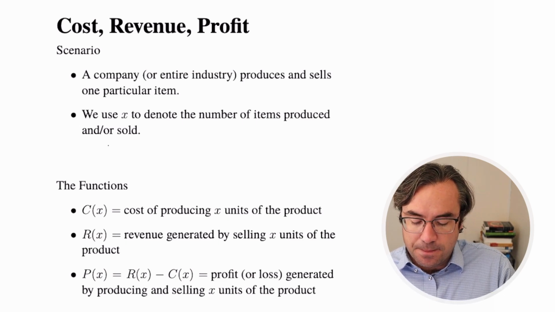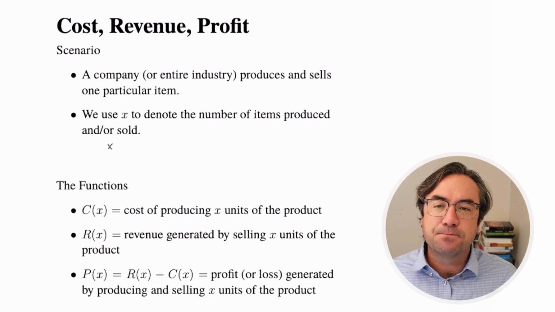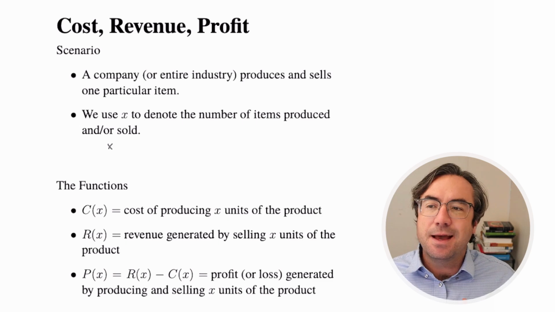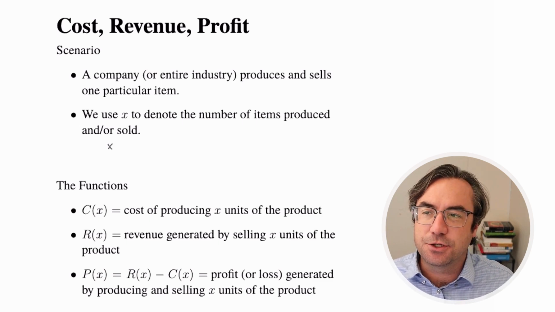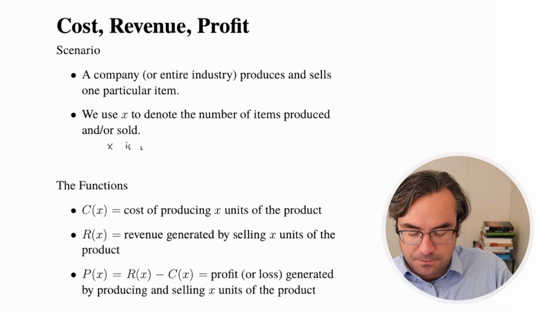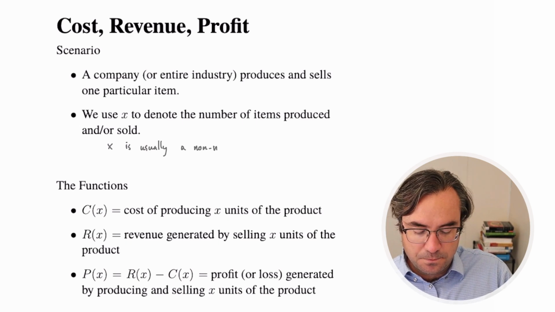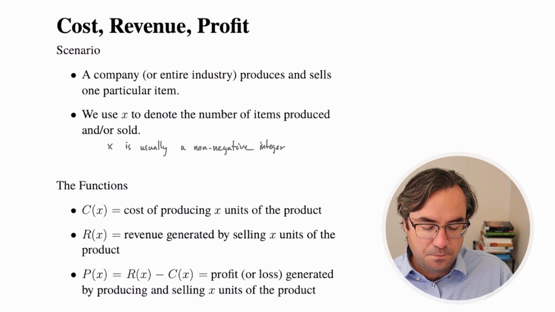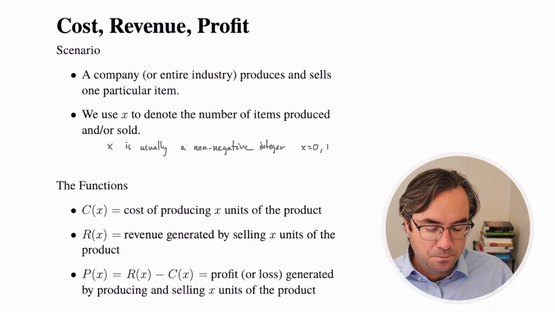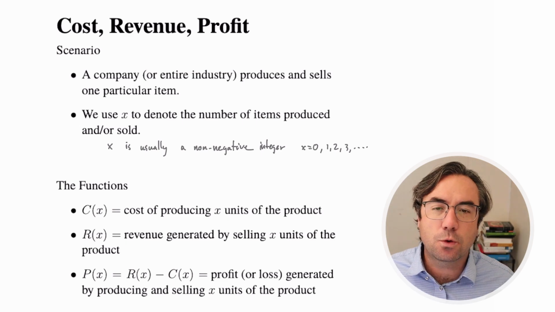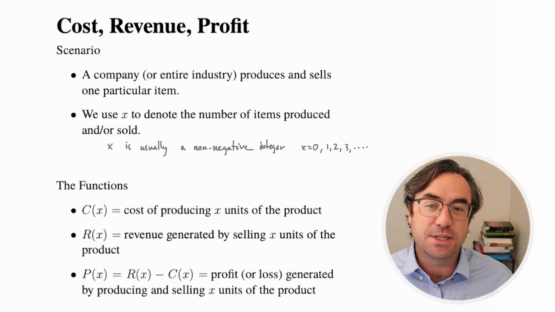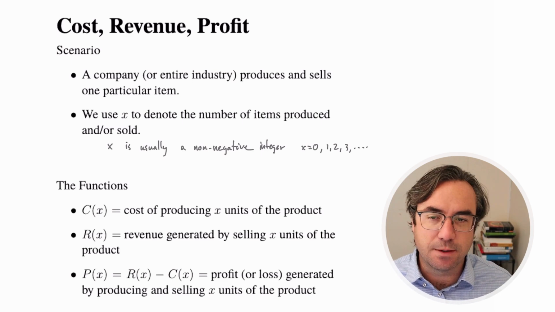And in general, when we talk about X, when we talk about number of items, X is usually a non-negative integer. So 0, 1, 2, 3, things like this. So we have these discrete quantities of number of items that we're producing. 0 items, 1 item, 2 items, so on.